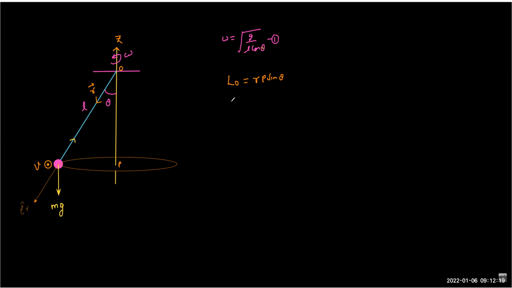P means the velocity vector. So velocity is towards us. Sir, is it perpendicular? Yeah, definitely it's perpendicular.